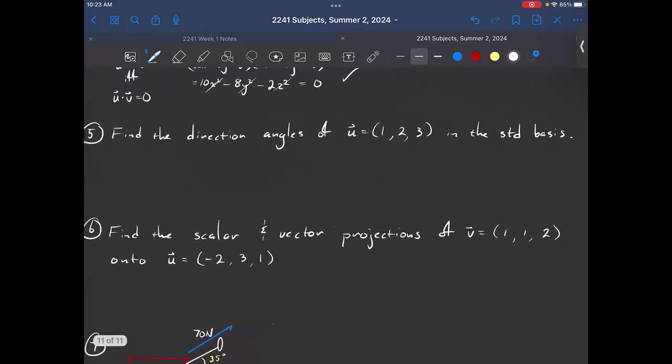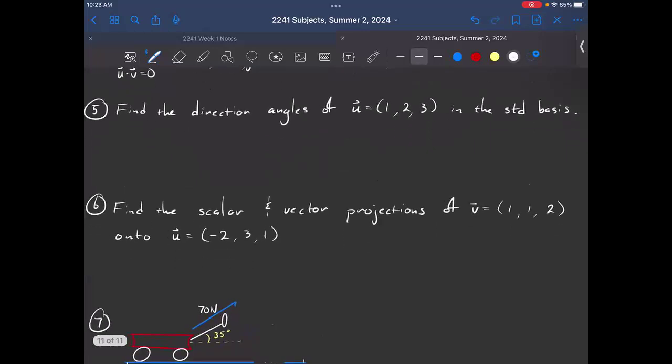Right, here now we're going to find the direction angles of a vector in the standard basis. If you remember our formula, we're going to find the direction cosines, and then the angles will come from that.